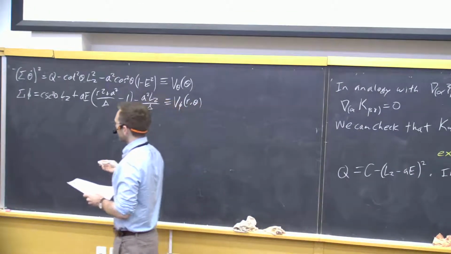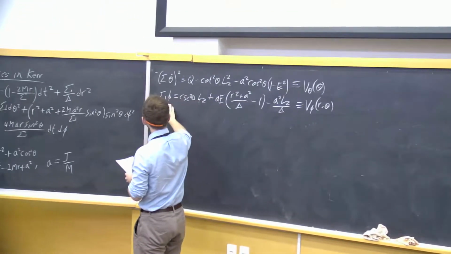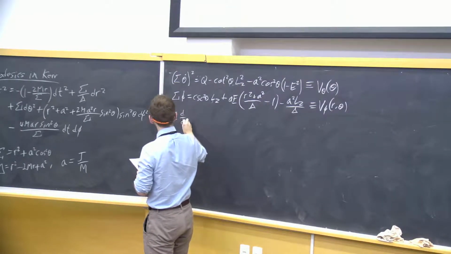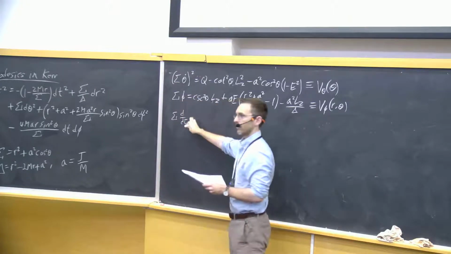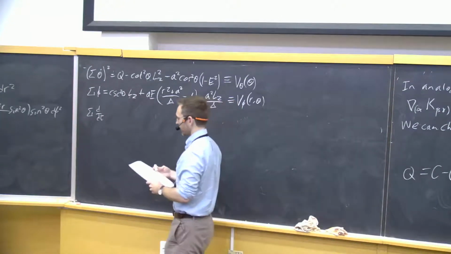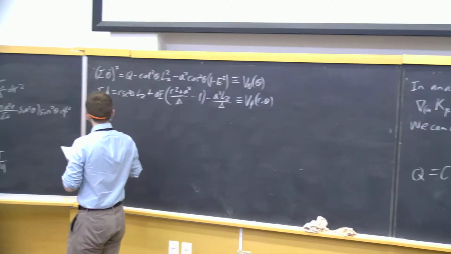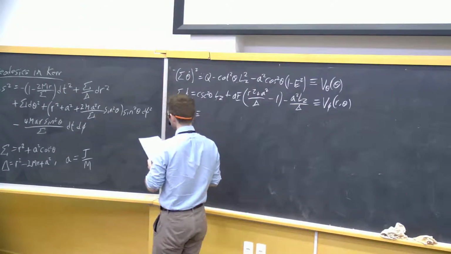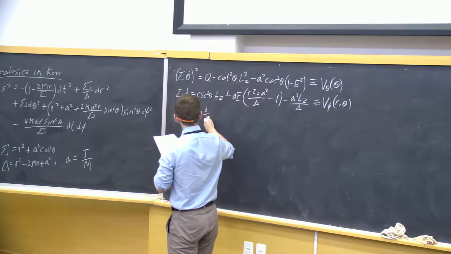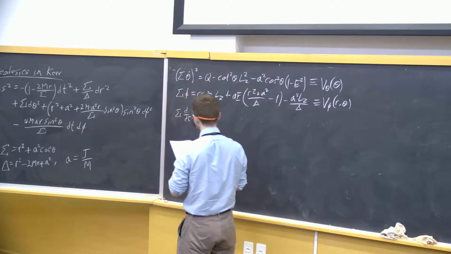So one thing to notice, I've written all the derivatives in this form, sigma times d/d tau acting on one of the coordinates on the orbit. So let me define this to be lambda.